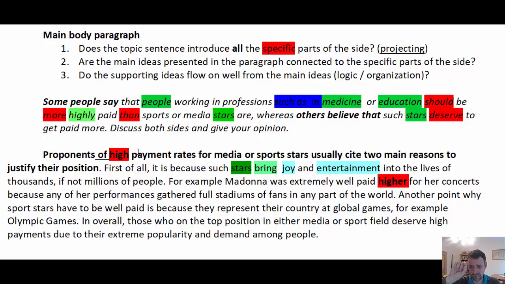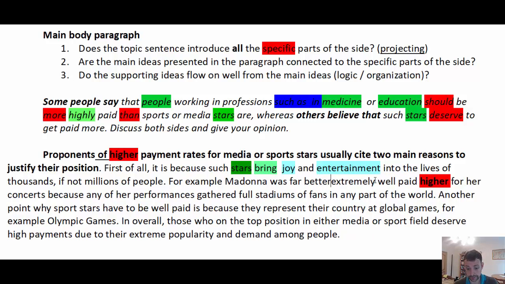So the writer's continuing this theme of high pay, which is okay, but the specific task is more than. So we've got to have higher. Okay, was extremely well paid. So rather than extremely well paid, was far better paid.